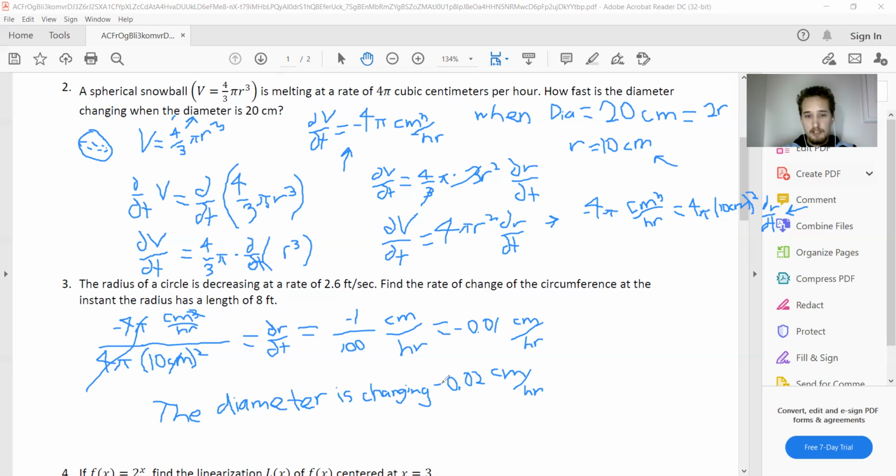If I put decreasing negative 0.02, that'd be incorrect, right? Because it'd be decreasing a positive amount, right?